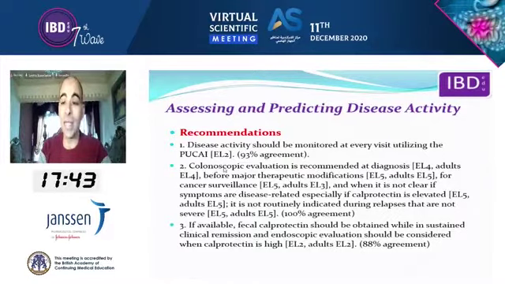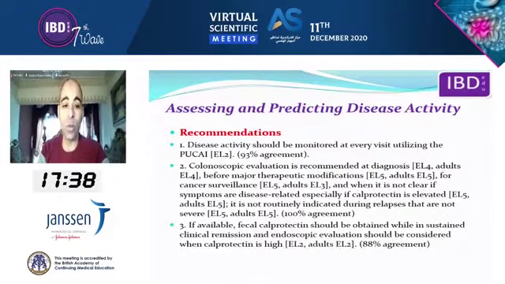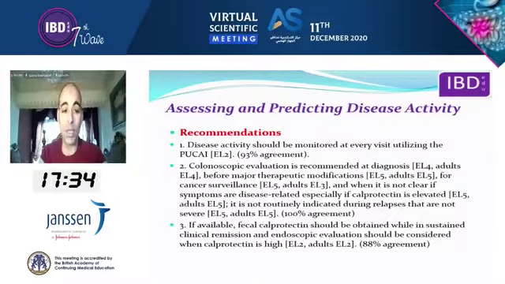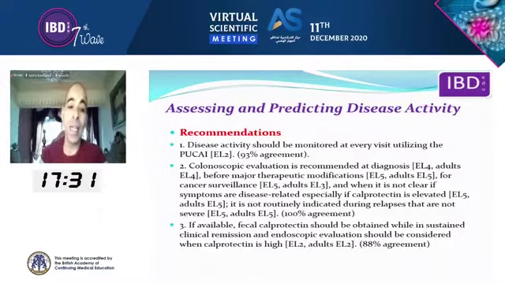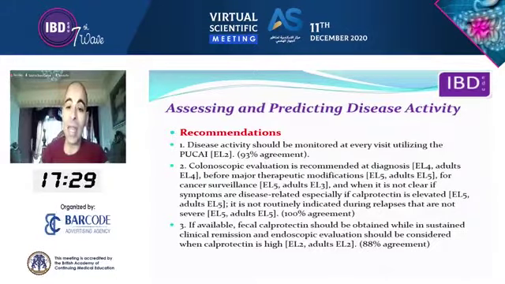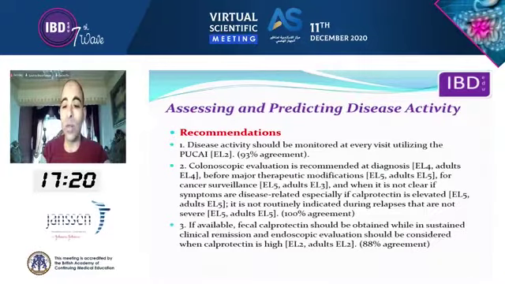Recommendations: disease activity should be monitored at every visit utilizing the Pediatric UC Activity Index at diagnosis, before major therapeutic modifications, and for cancer surveillance, and when it's not clear if symptoms are disease related, especially if a marker like calprotectin is elevated, but it's not routinely indicated during relapses that are not severe. If available, fecal calprotectin should be obtained while in sustained clinical remission, and endoscopic evaluation should be considered when calprotectin is high.